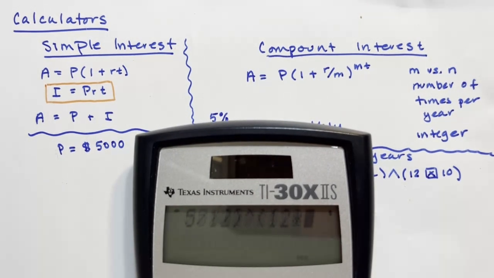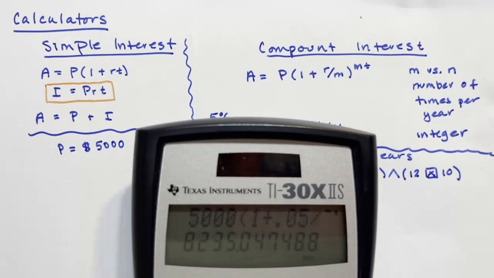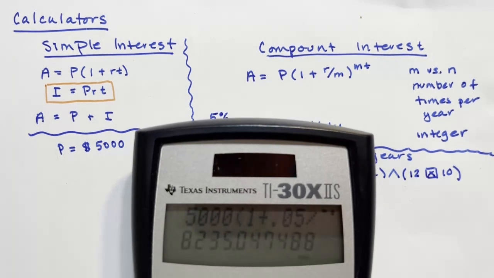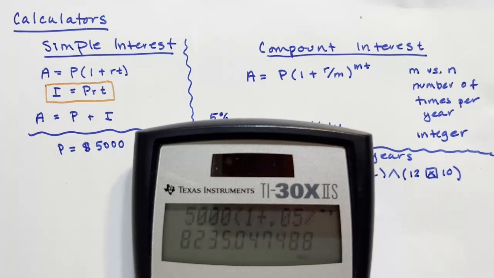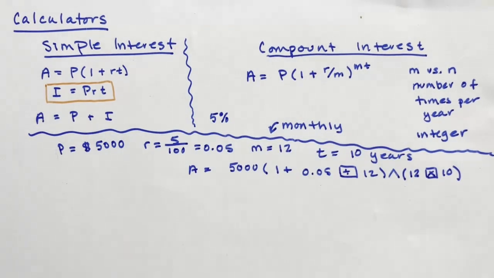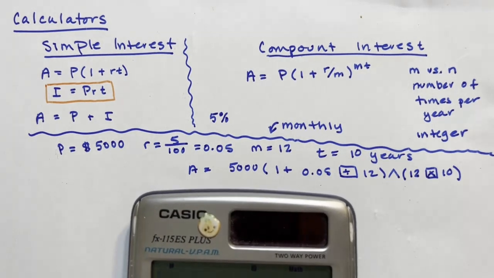Parenthesis 12 times 10. And there we go. We have our answer: $8,235.05, and 0.0475 cents.